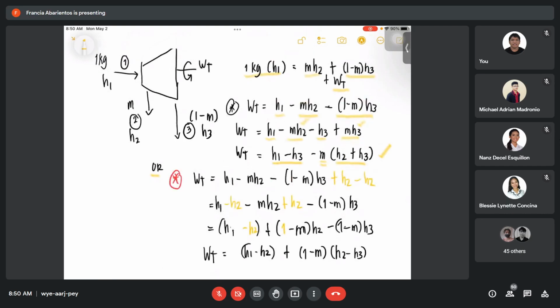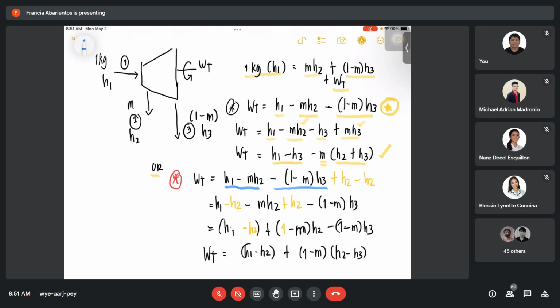So, binalikan ko lang dito sa taas, class. Yung asterisk natin. Palitan natin yung color. So, H1 minus mH2. So, binalikan doon sa taas. Minus (1 minus m)H3, the quantity.